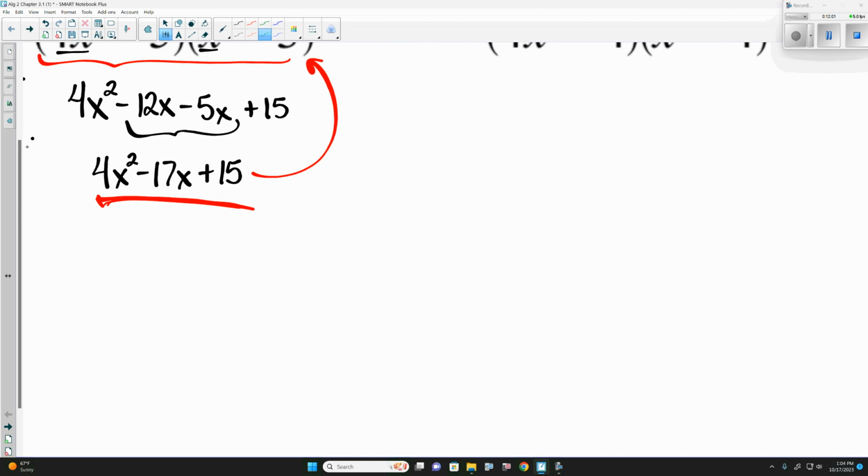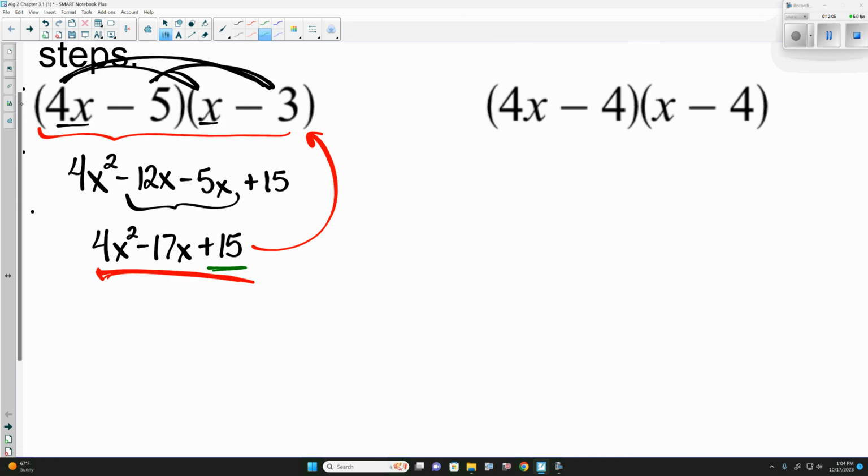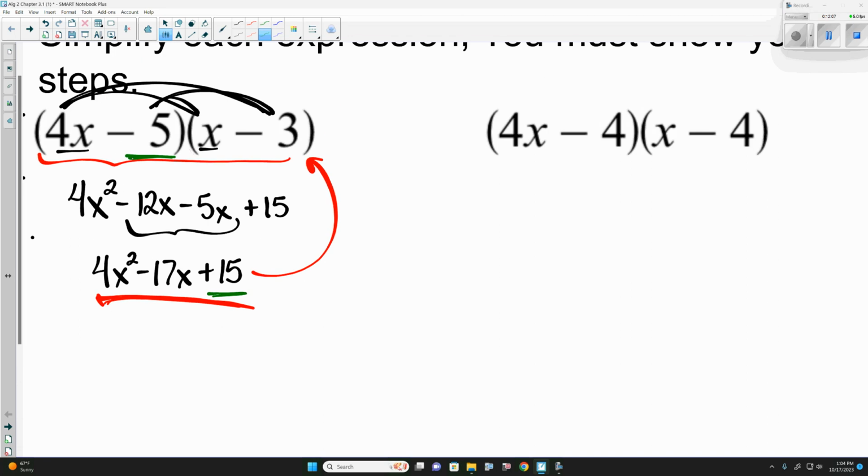Well, the third term was our plus 15. Well, where did we get the plus 15 from? We got it from these two with the sign being multiplied together, yes? Well, a negative times a negative is a positive. The only other way we can get a positive term is if both of those terms were positive, because a positive times a positive is a positive. A negative times a negative is a positive, yes?